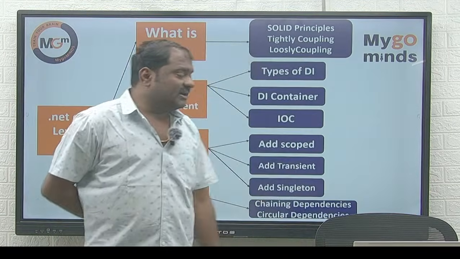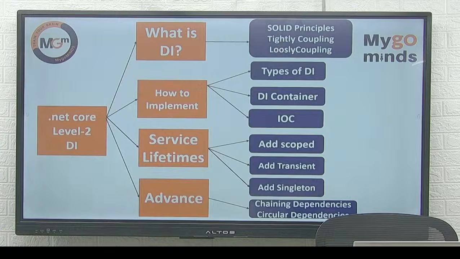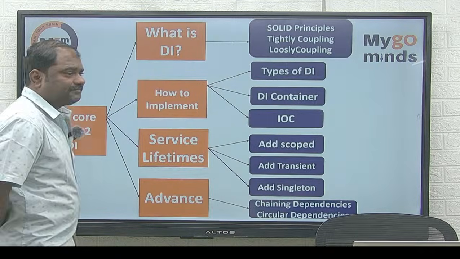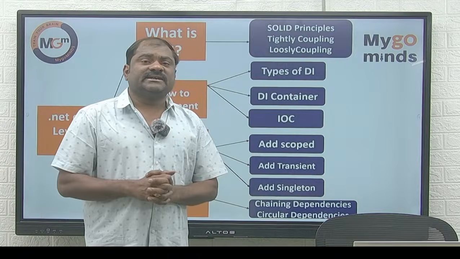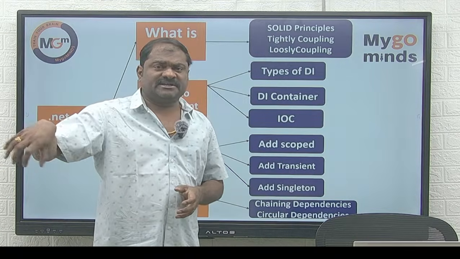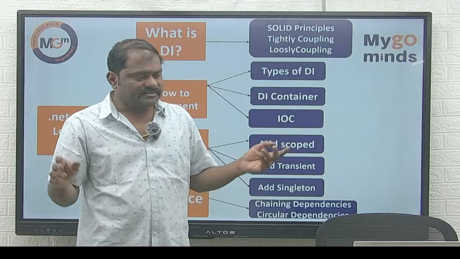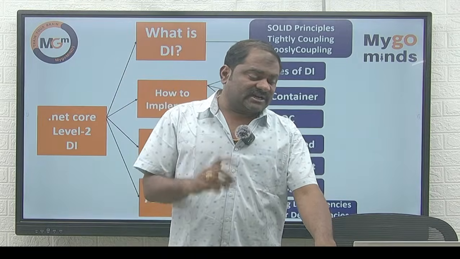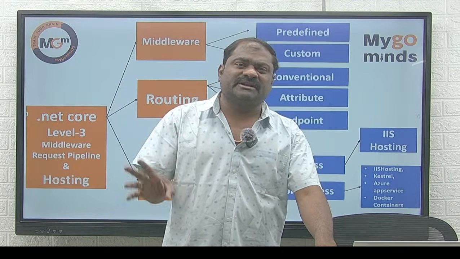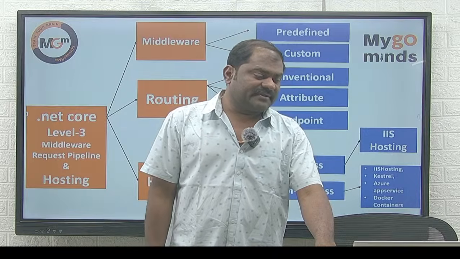And then level 2 will discuss dependency injection. Today there is a good demand for dependency injection: injecting the objects within the application depending on the situation. That also we'll discuss, and object lifespans. I'm just showing you the trailer. Later we'll watch the movie.